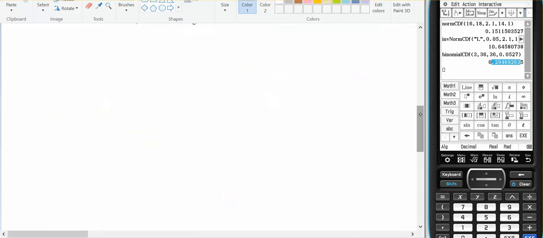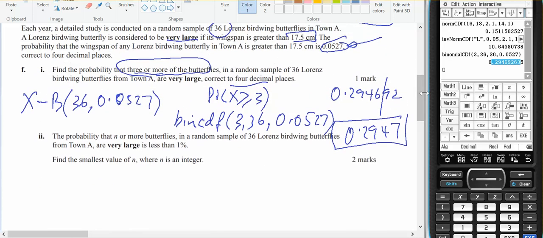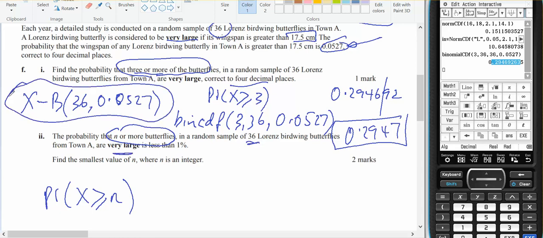Okay, and lastly, the probability that n or more butterflies, probability that X is bigger than or equal to n, of a random sample of 36, very large, so it's the same as this, is less than 0.01. So I might do some trial and error.